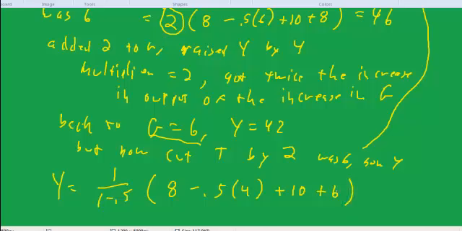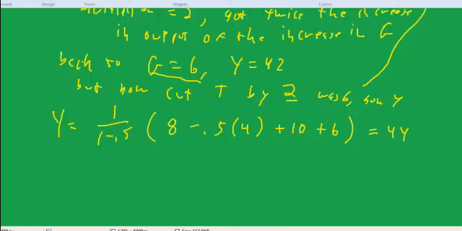And now what do we get? 10, 16, and 8 are 24, minus 2 is 22, multiplied by 2 is equal to 44. So with the tax cut of 2, we don't get as much of an increase. It turns out that the tax cut multiplier in this example is equal to 1.